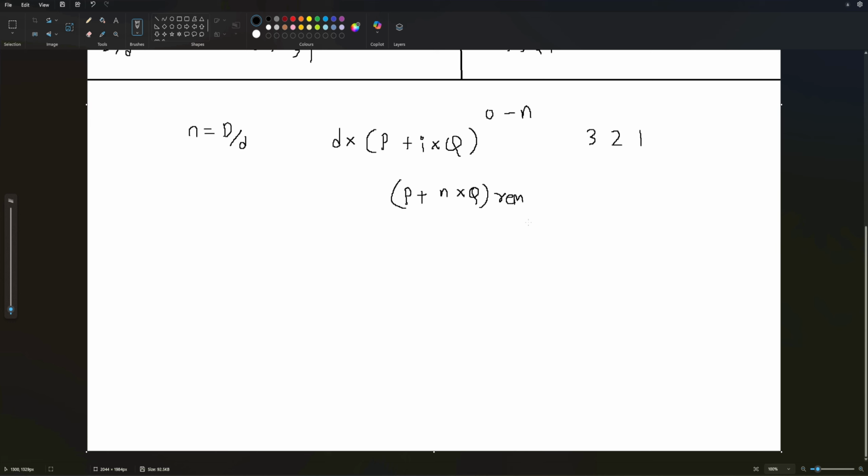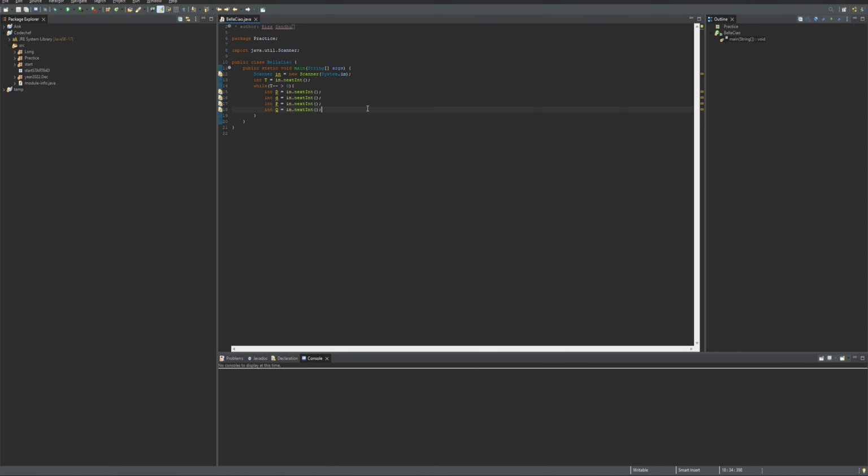Now let's put it into code. Alright, I've taken all the inputs. Now we will have n for the number of intervals. Then we will have r for remaining days. Then we will have sum.